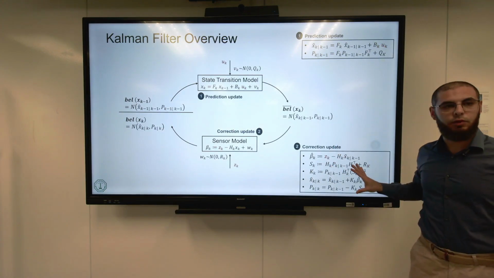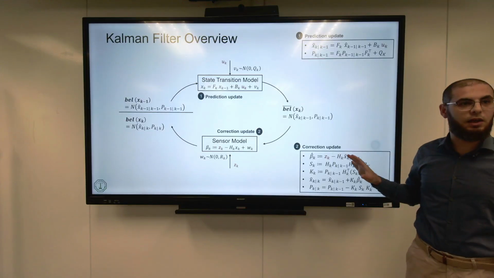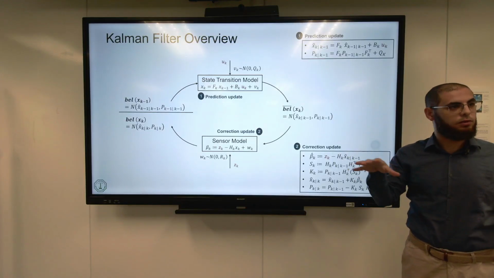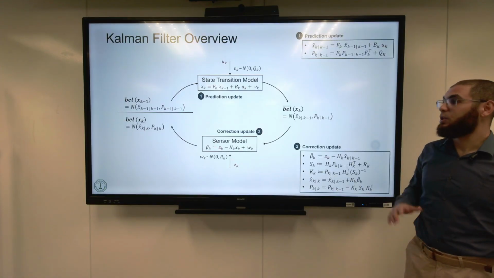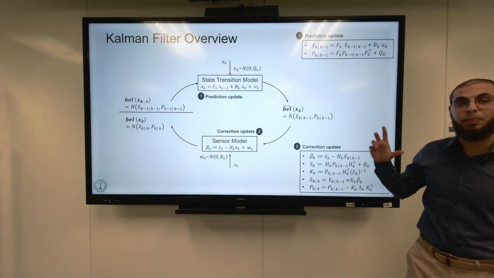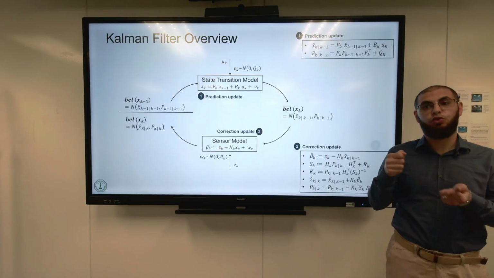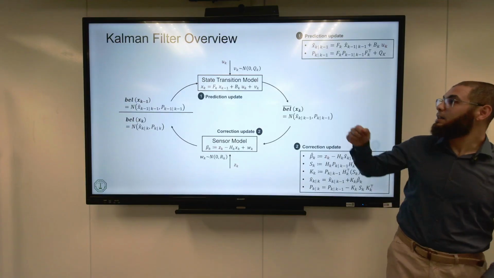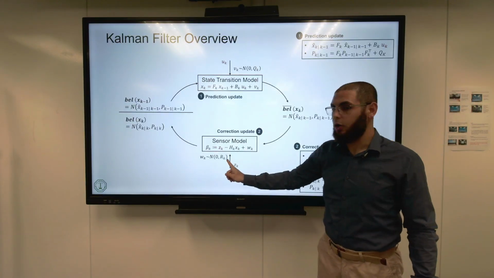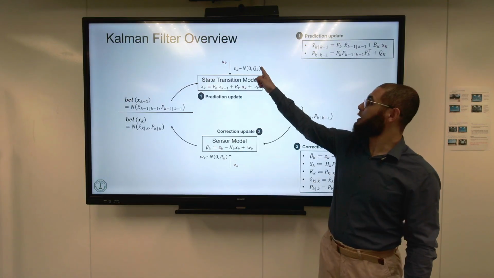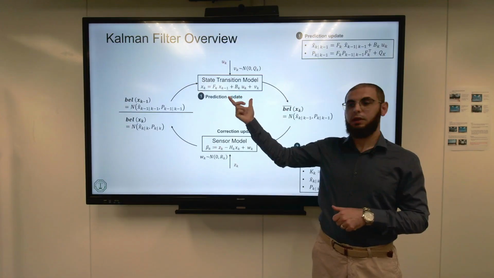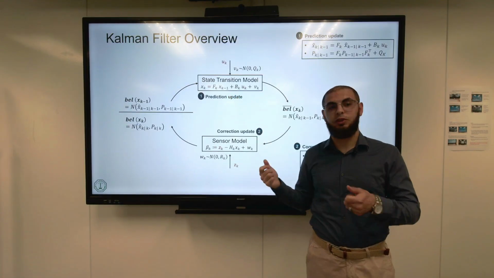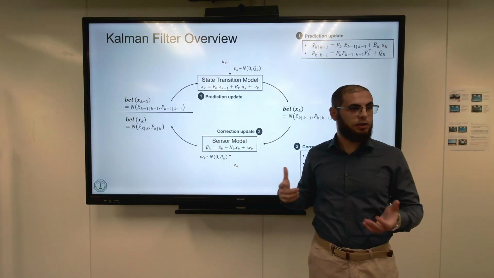These were the equations for the correction. You implemented this in the last assignment and played around with the robot in this toy problem to see how the Kalman filter behaves. We also discussed last time that there are some parameters you can play around with to tune the estimator, and these are the Q and the R. The Q tells you how much you should trust the state transition model, and the R tells you how much you should trust the measurement when it comes, so how noisy it is.